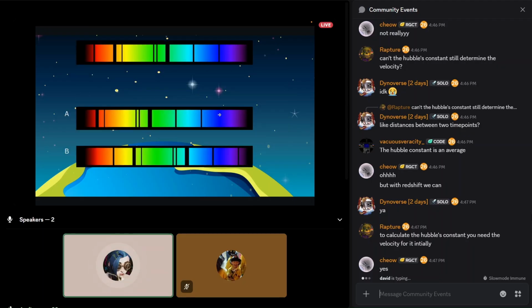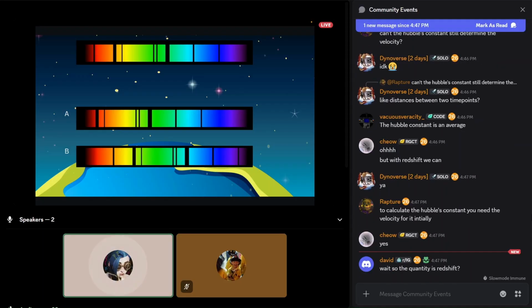Okay, so the spectrum on the top is the galaxy at rest. For A and B, can you tell me whether the galaxy is moving away or towards, and the same for B? Yes, the quantity is redshift.